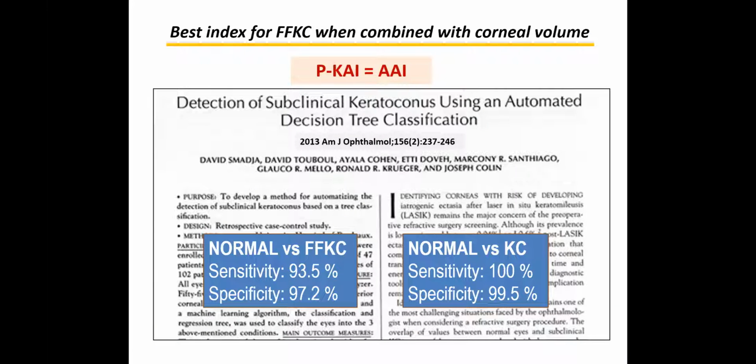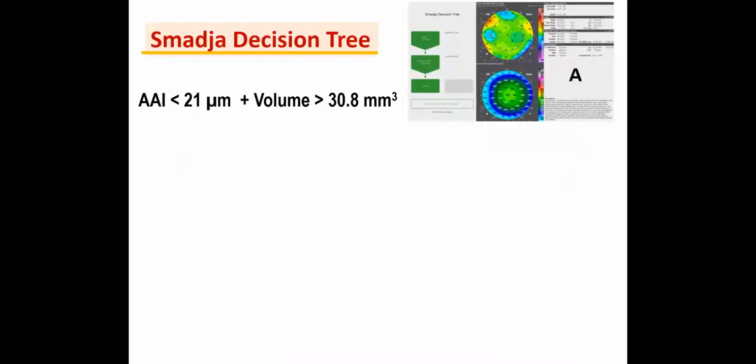Later, more papers from David showed that combining this index with the corneal volume, they got this kind of specificity and sensitivity. It's incredible. I never imagined how far this index was going.